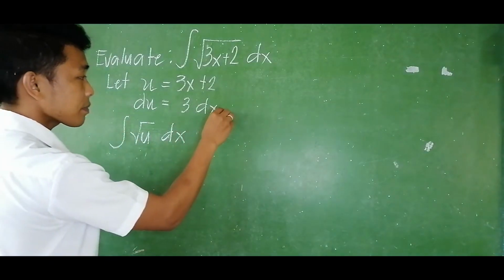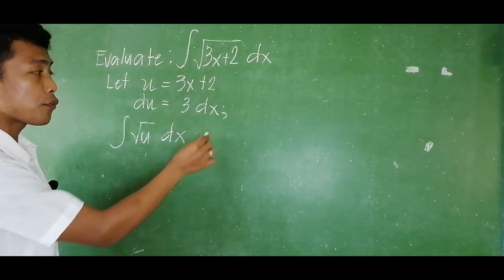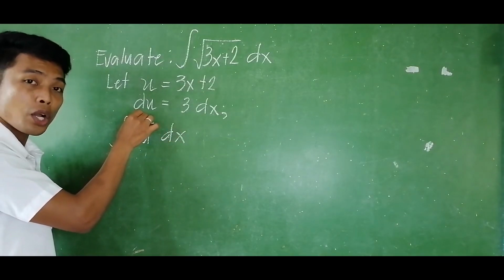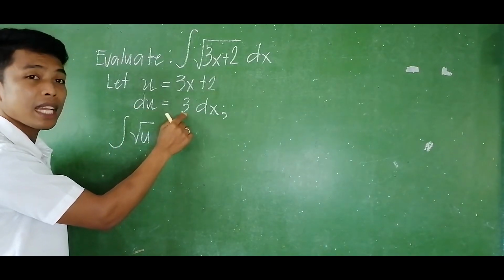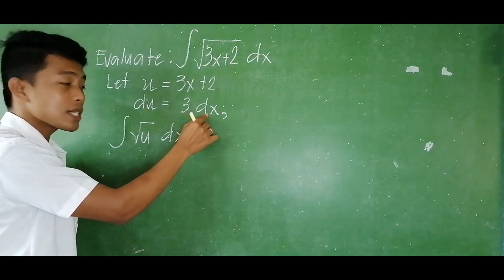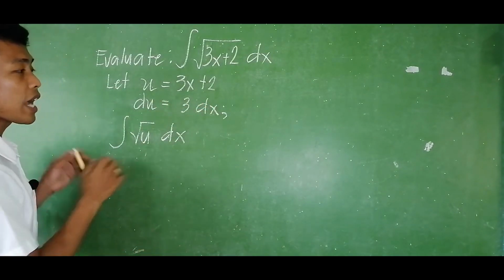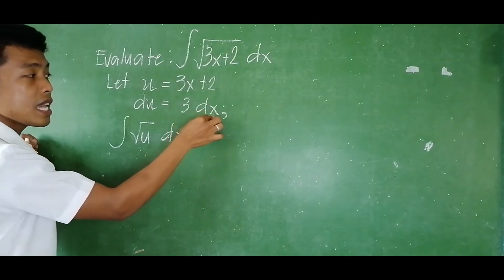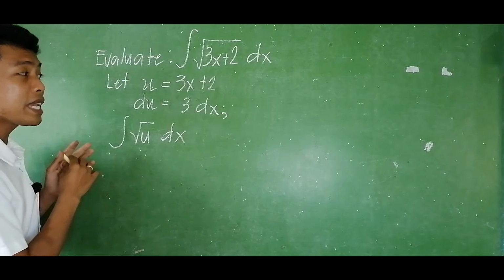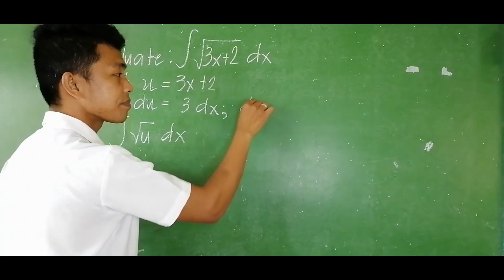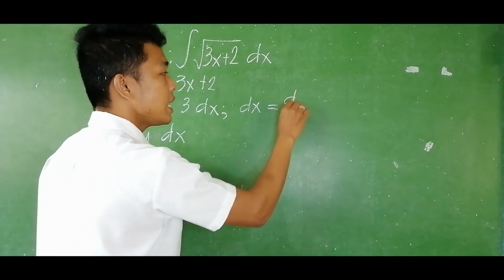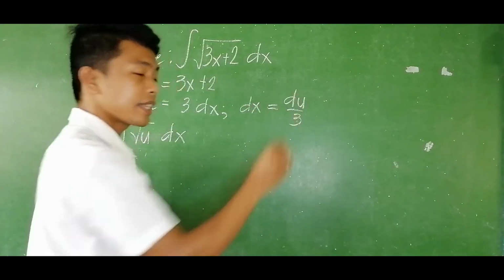So, in order to solve for dx in terms of du, we only need to remove the 3 beside dx. To remove that, we divide both sides by 3. So, 3 times dx divided by 3 will become dx, and du divided by 3 will become du over 3.